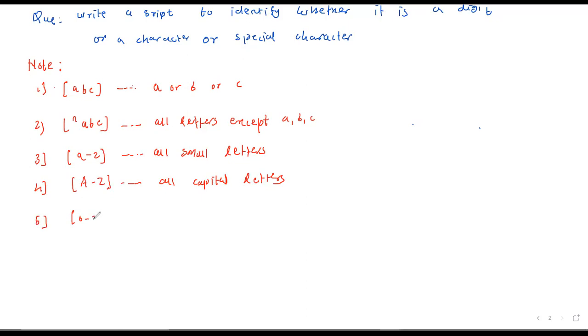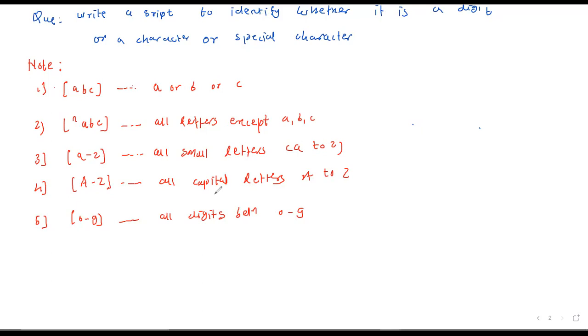If we write 0 to 9, it means all digits between 0 and 9, because we are giving a range. Here all small letters between a to z, here capital A to capital Z, and so on. Is it clear? This is a notation, because every time we cannot write A, then action, B, then action. So that's why we use this.